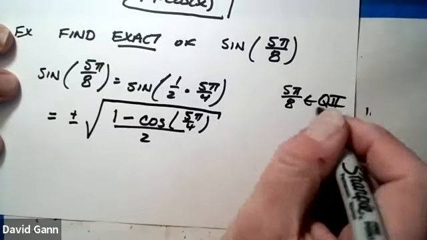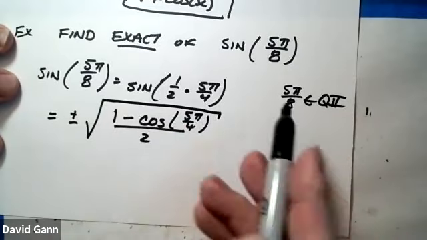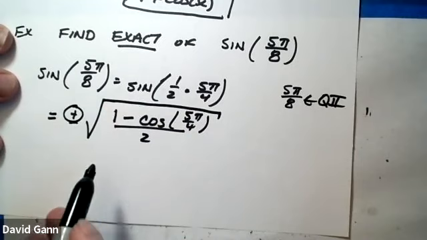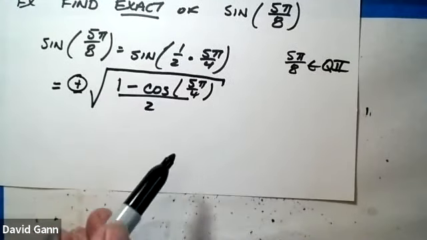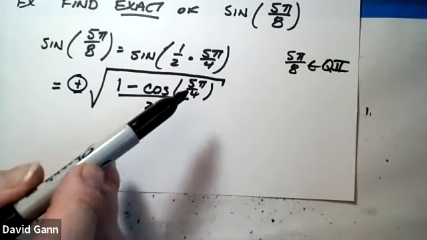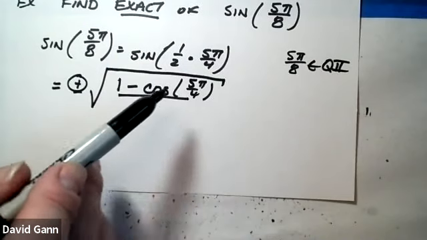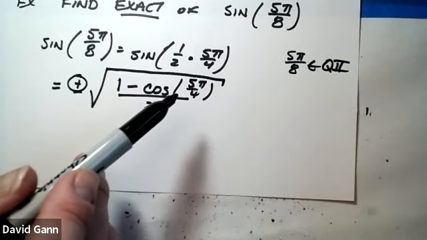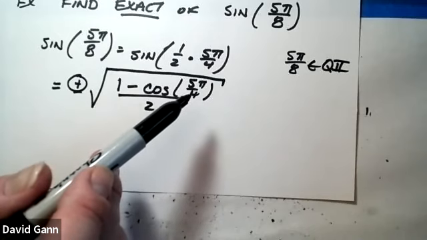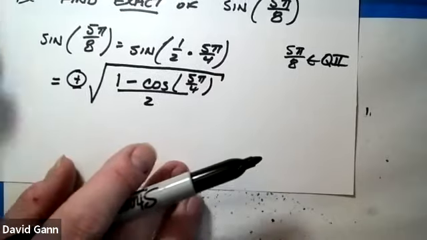And of course, this argument about quadrant tells us that it's the plus sign. Okay, so now we just need to substitute the value for cosine of 5 pi over 4, which is something we know an exact value for, and then simplify the expression.